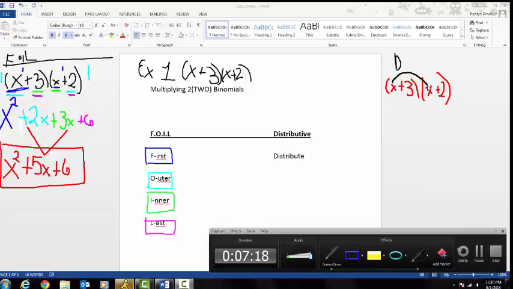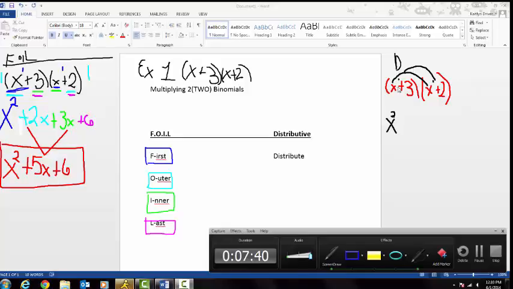So what you're going to do is distribute this x to both of these numbers in your second binomial. So x times x is x squared, just like we talked about over here, because you have those invisible 1 exponents and you have to add your exponents. Okay?